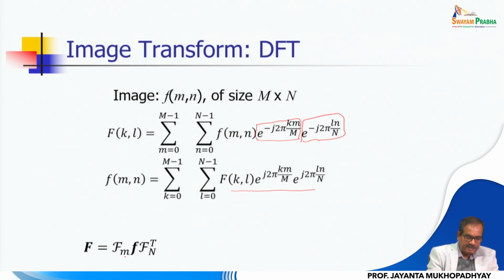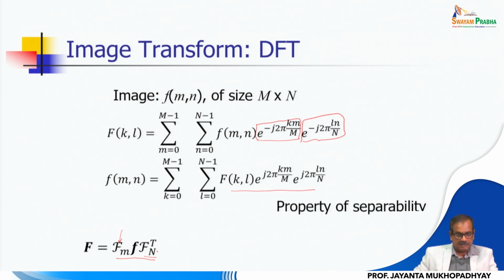But when we express it in matrix form, this transformation matrix is simply the m point DFT transformation matrix, and this is the n point DFT transformation matrix, which is the transpose of that one itself. So the final transformation can be written.